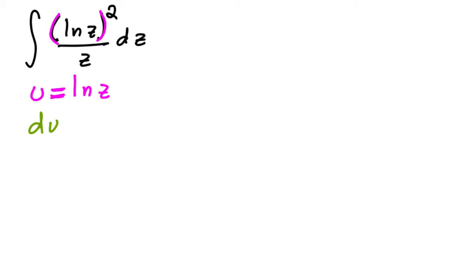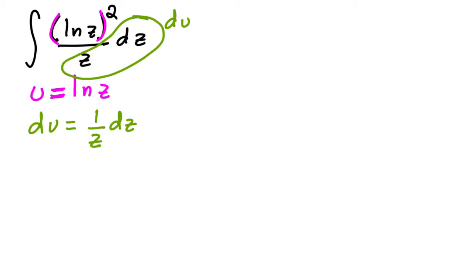Notice that the derivative of natural log of z is just 1 over z dz, but whoa, look at that. That's right there. This exactly how it is without making any changes. That's equal to du, so it actually isn't very difficult, right?